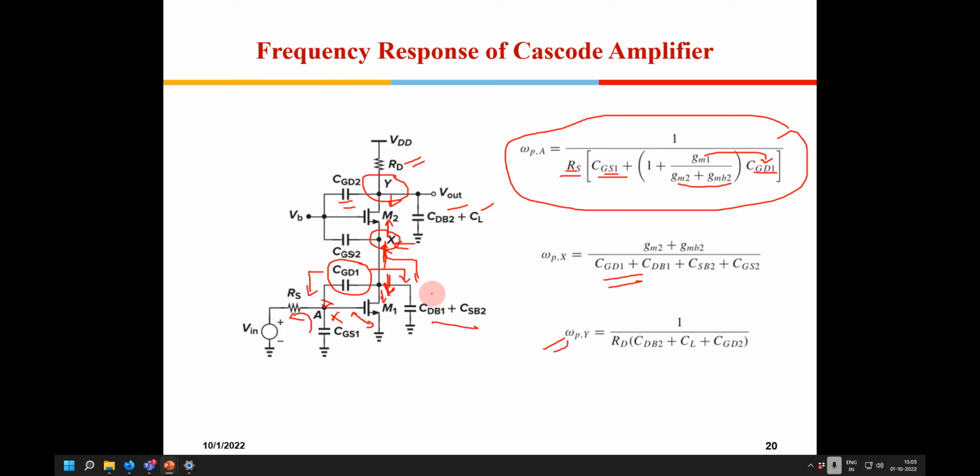When you look into M1 from node X, it will be R0. Since R0 is much higher as compared to 1 by GM, we are neglecting that. But here we are not considering R0 then? Yeah, that's what. When I'm talking about node X, looking from top to bottom, the impedance seen will be R0.